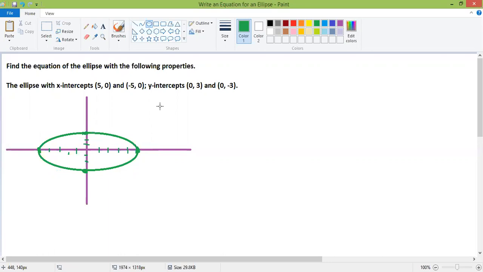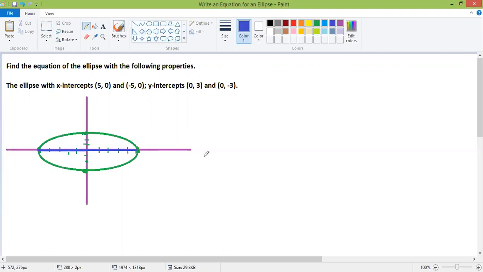So we drew this picture, and the reason why I drew a picture is because we need to know what the major axis is, right? The major axis is the one that's the longest, okay? Once we know the major axis, we can figure out the equation we need to use. So in order for me to figure out the major axis, I'm going to look at which one's the longest. And here you go. This is our major axis, right? Because that's the longest.